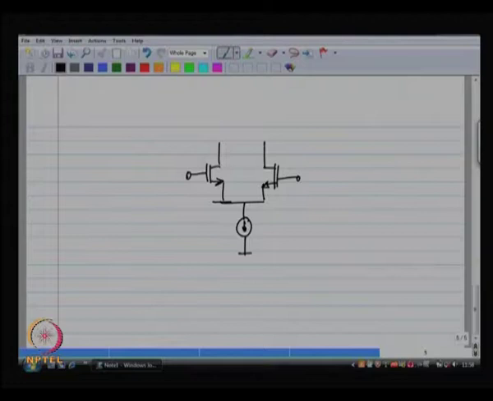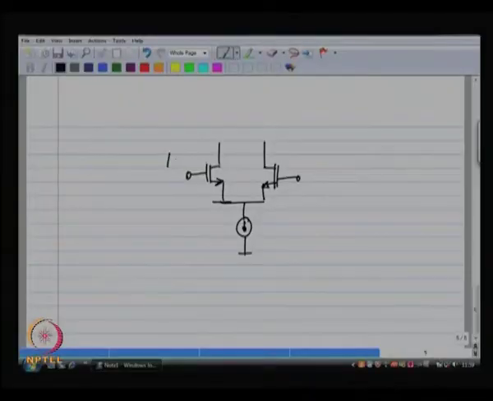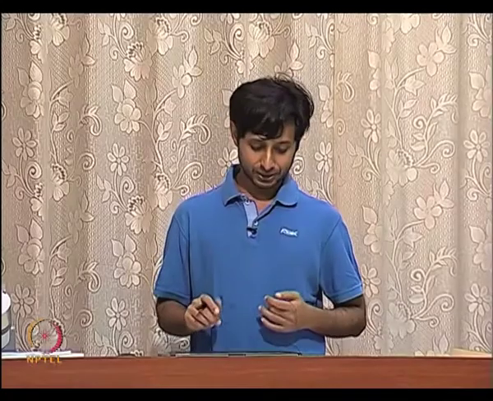Now, as far as this kind of a circuit is concerned, if you look at the input impedance, the input impedance is infinitely large, or is the input resistance infinitely large? What is the input impedance of this? Let us say differential mode half circuit.